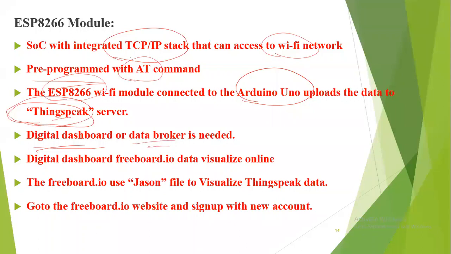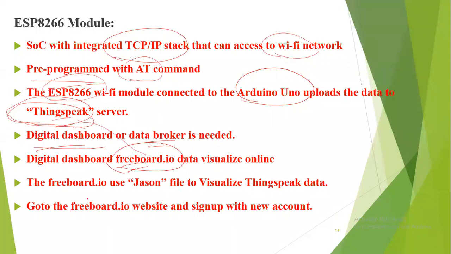This digital dashboard can be designed using freeboard.io. So the data is visualized for the users, and from any smartphone or any application, you can access the website freeboard.io, and it takes the data from the ThingSpeak server and visualizes it for you.